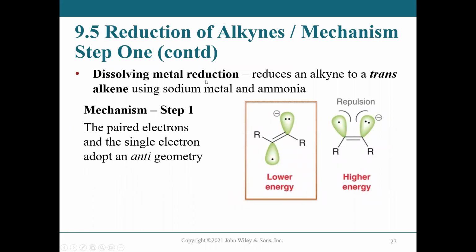Dissolving metal reduction reduces an alkyne to a trans alkene using sodium metal and ammonia. So the paired electrons and the single electron adopt an anti geometry. And the reason why they don't adopt a syn geometry is that there'd be electron repulsion right here. You can see that repulsion on the right-hand side.